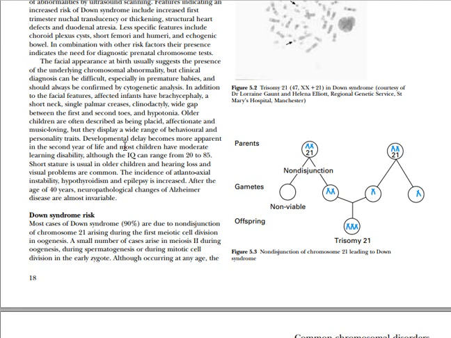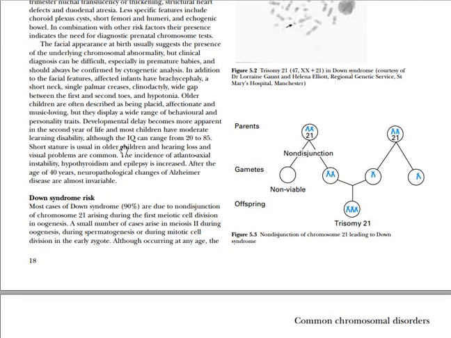Inside the endocrine system, you can have hypothyroidism, or inside the immunologic system, you can have leukemia. Inside the central nervous system, you can have low IQ. Inside the auditory system, you can have sensorineural deafness. So all these are the complications of Down syndrome.